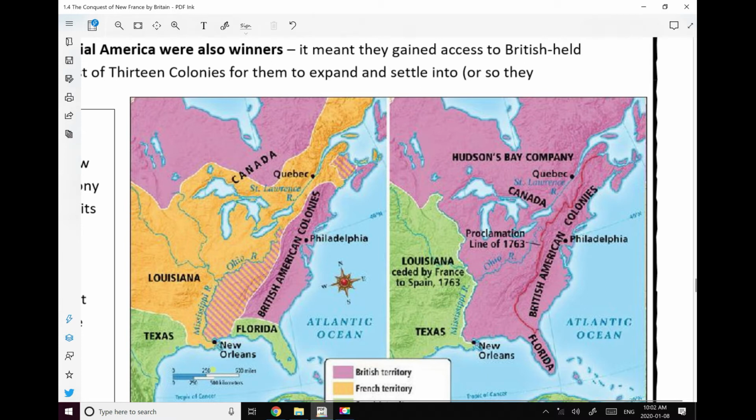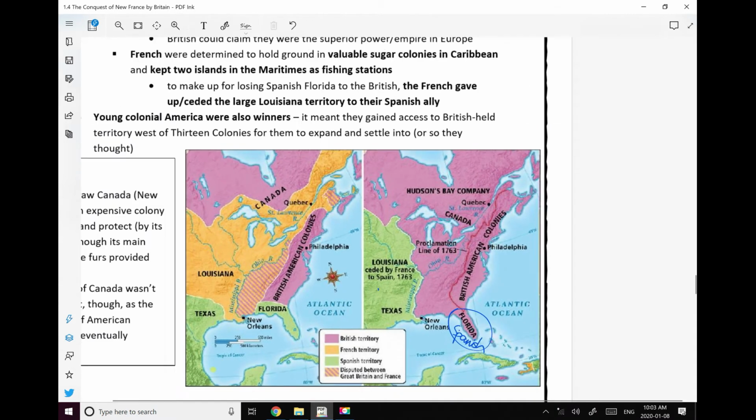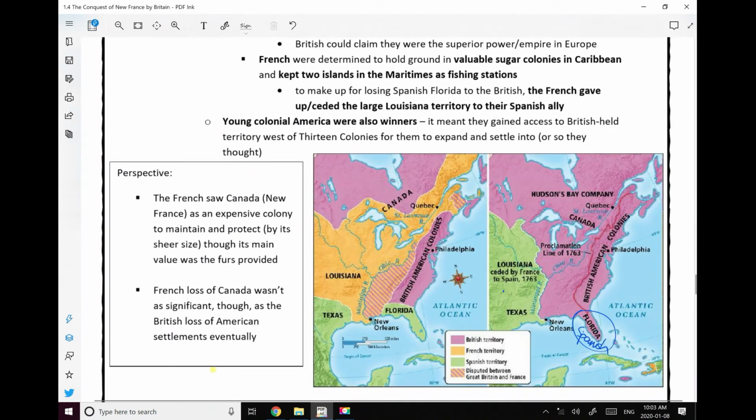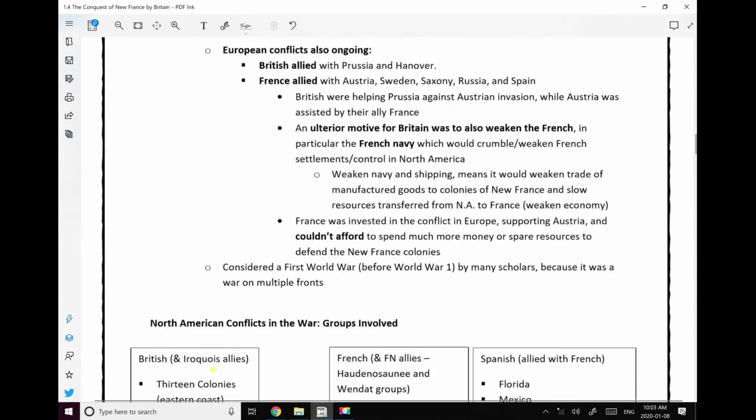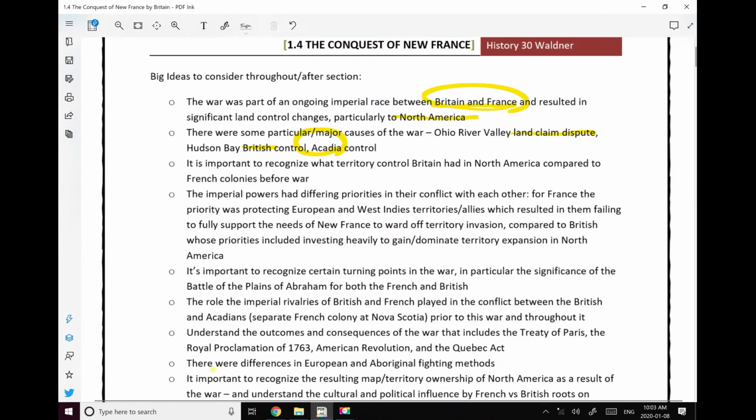So as a way to repay that, they specifically lost Spanish Florida, it was called. So they gave this territory to Spain. The only thing that they were able to maintain were 2 small islands in the Maritimes there, just because they needed some access for fishing and trade routes.